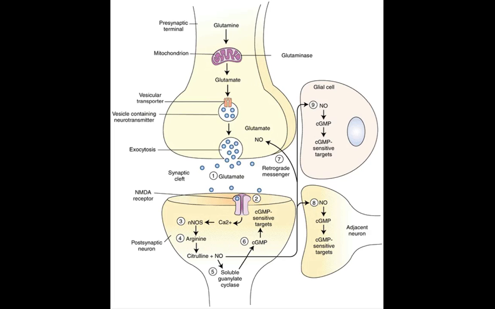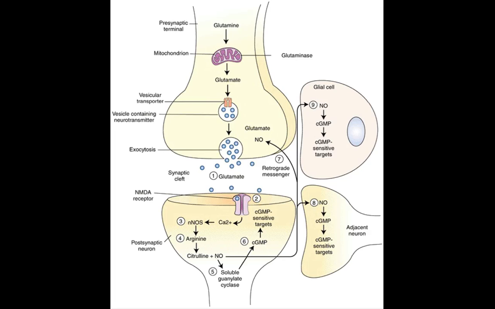And when there are increased levels of cGMP in the postsynaptic neuron, it results in a physiological response. So when the cyclic guanosine monophosphate levels increase, there's a physiological response.